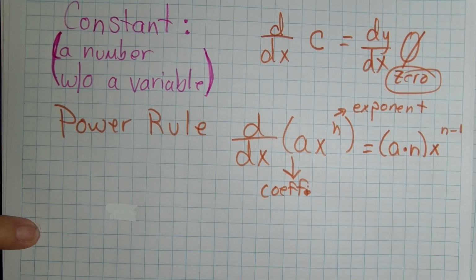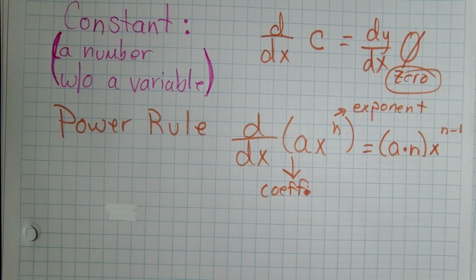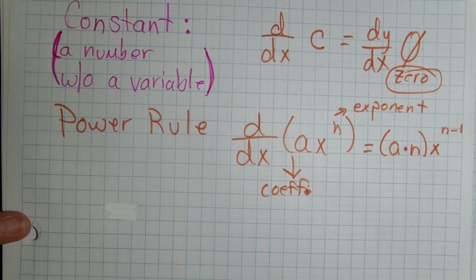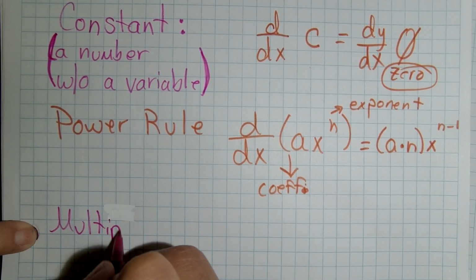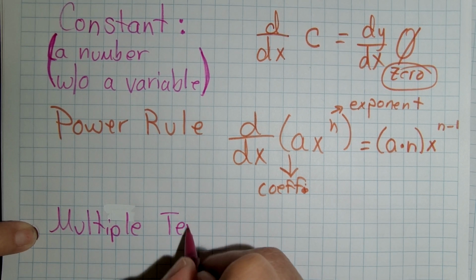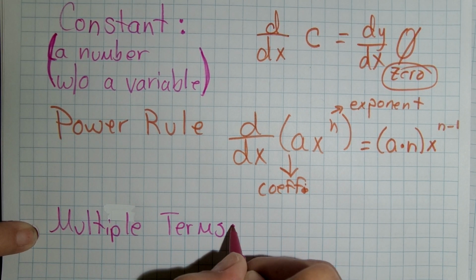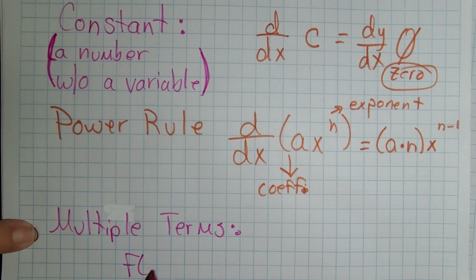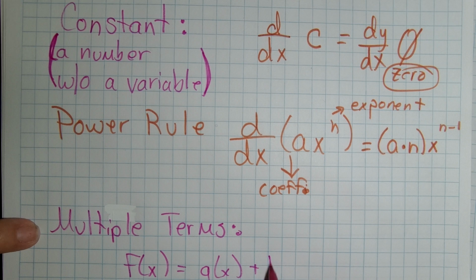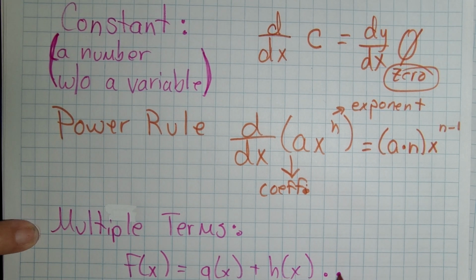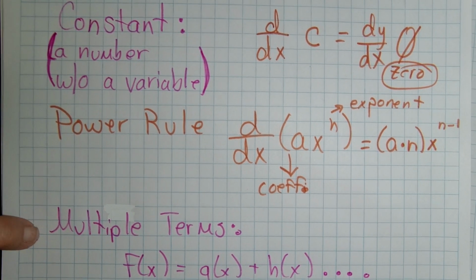But Miss Santana, what happens if we have more than one thing? So if we end up having more than one thing, so let's say we have the function f of x is equal to g of x plus h of x.